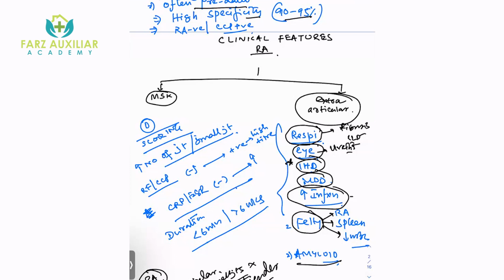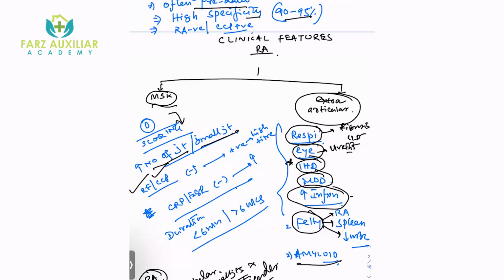Now coming to the musculoskeletal features, for diagnosis we need multiple scoring. Now remember, you don't have to go for the scoring. Just remember, if more joints are affected and more small joints are affected, there is a higher chance of it being rheumatoid arthritis. Check for RF and CCP. If it is completely negative, the score is 0. If it is faintly positive or higher titer positive, the score becomes 1 and 2.